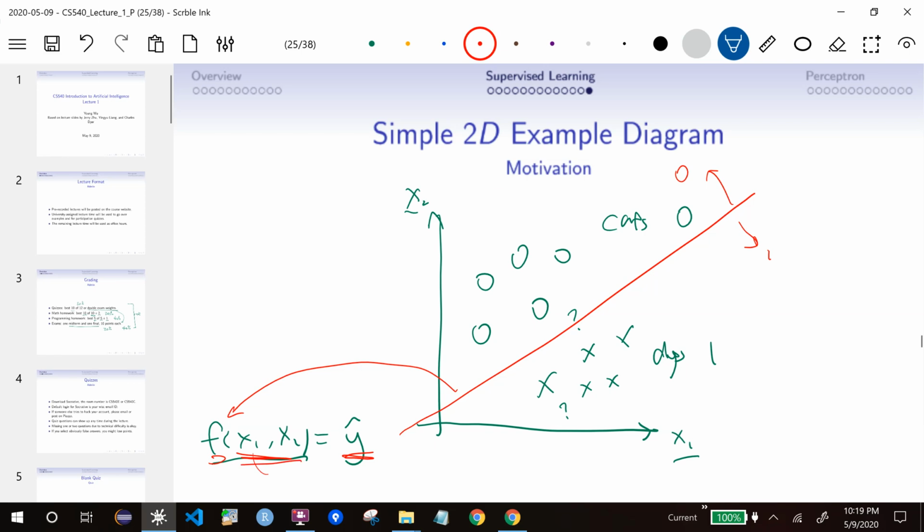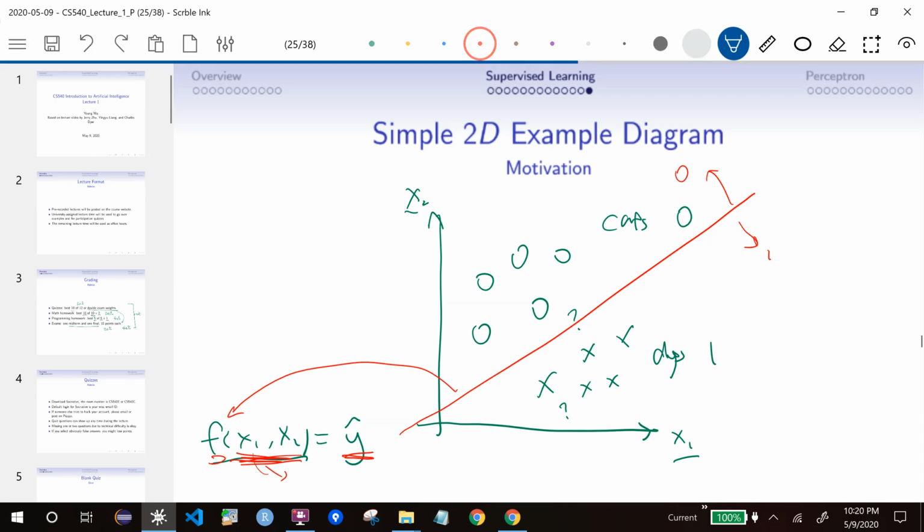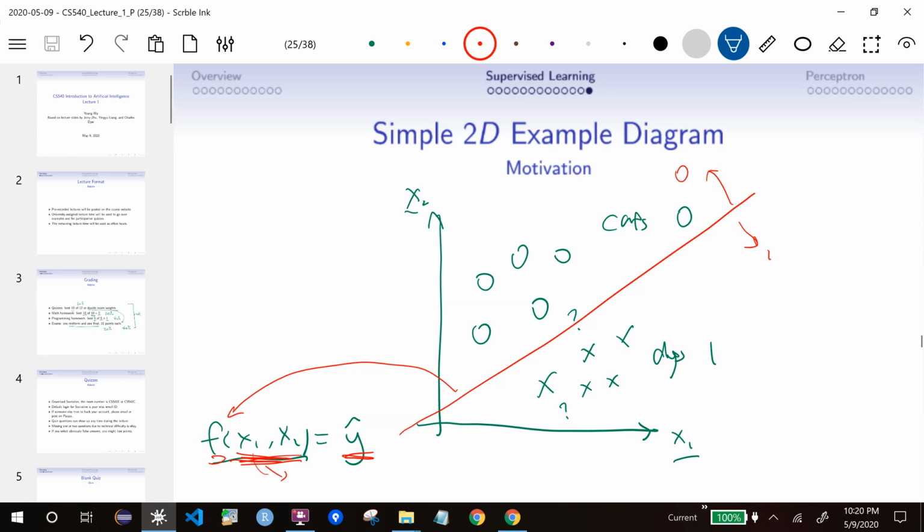So for example, if we want to use images, we want to use pixel intensities, then there is a huge number of pixels in each image. So the number of these things will be huge. So we need to consistently write these down. And what a line means in higher dimensions is not very clear. So let's start with one-dimensional and then move on to 2 and then 3, and then hopefully we can generalize that way. So let's start with 1.